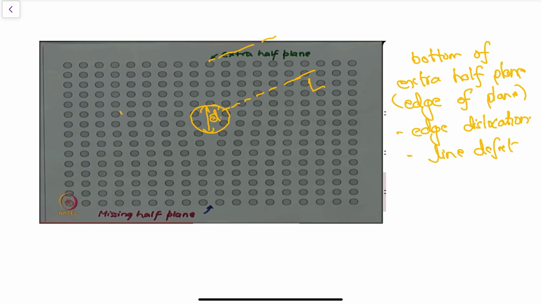So D is very much smaller than L. That's why we take this as a line defect. There is a cylindrical portion missing, but since L is very much greater than D, we take this as a line defect. That is why this is called an edge dislocation, because the atoms are missing from the edge of that extra half plane.